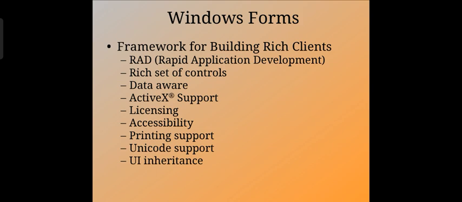First one is rapid application development, RAD. Second one is a rich set of controls. Third one, data aware. Fourth one, ActiveX. And next one is licensing and accessibility. And we can do printing support, Unicode support, and UI inheritance, that is user interface inheritance also.